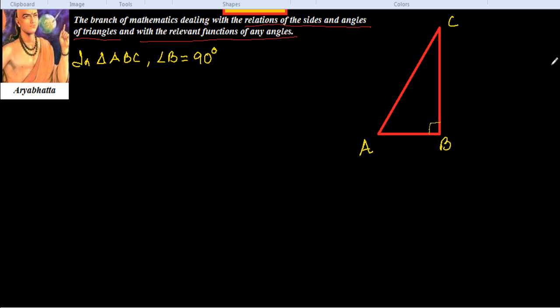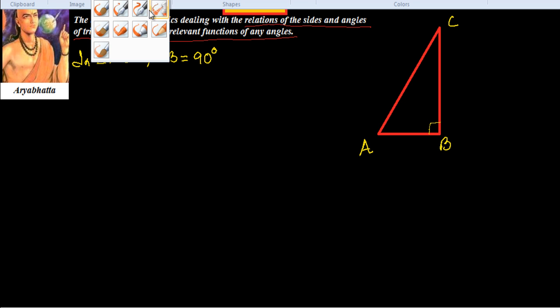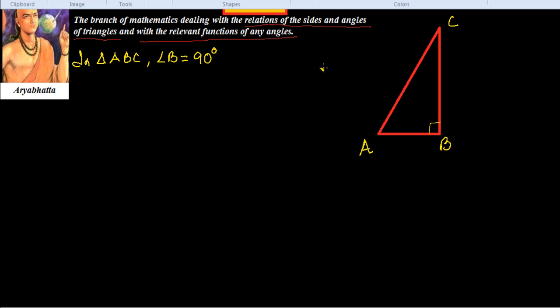We know that the side opposite to the 90 degree angle in a right angle triangle is called the hypotenuse.